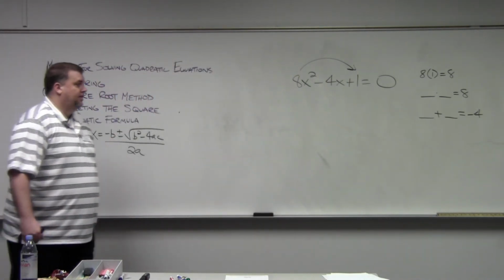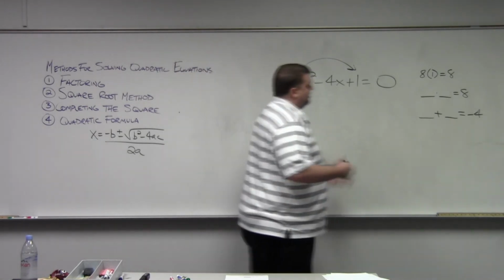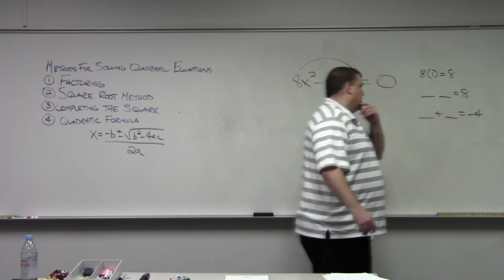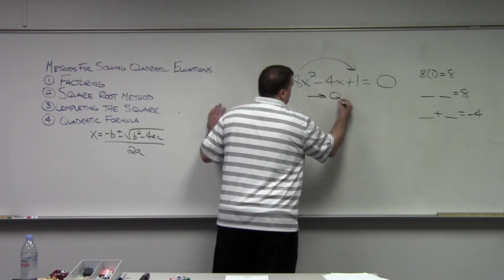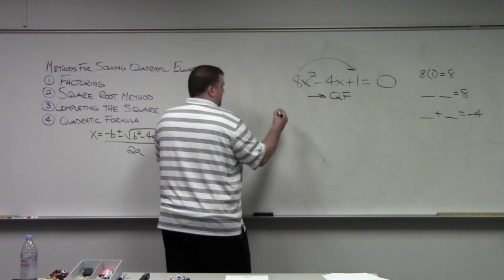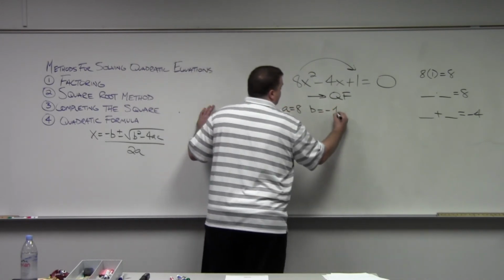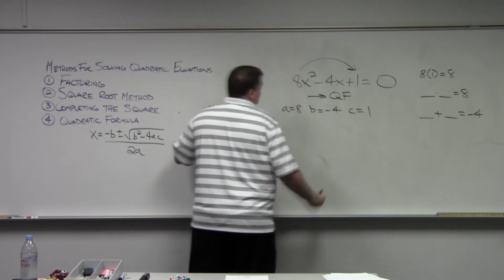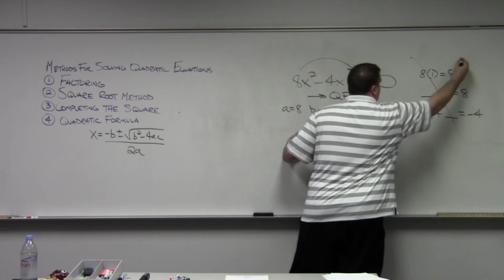So our only two possibilities for 8 would be 1 and 8 and 2 and 4. And there's just no way with the signs that we can get that to work. Doesn't factor. A is 8, B is negative 4, and C is 1. Yeah, so it doesn't factor.